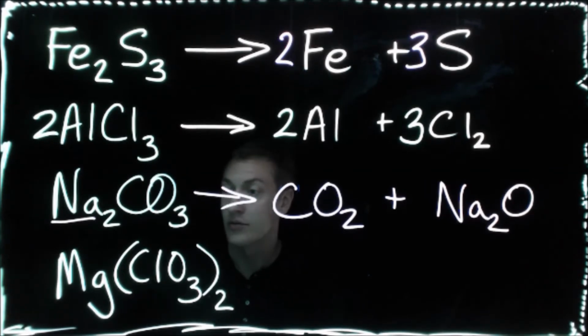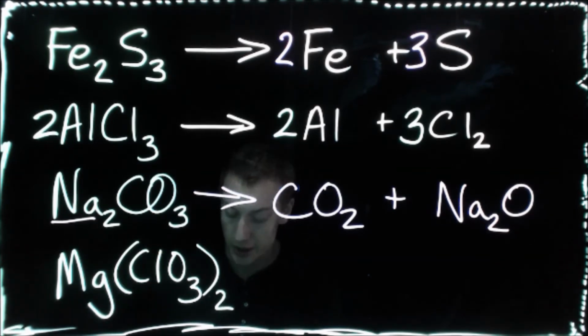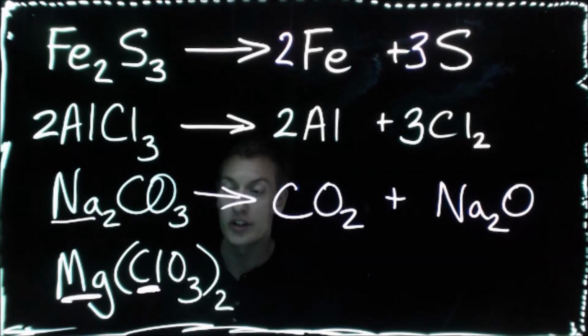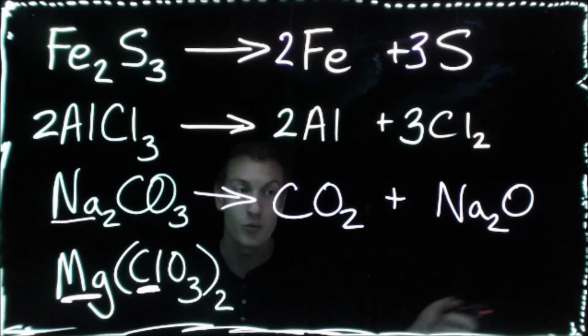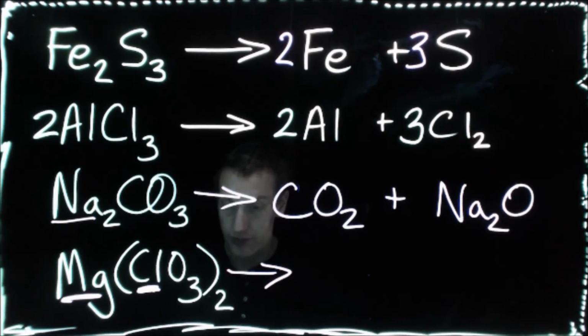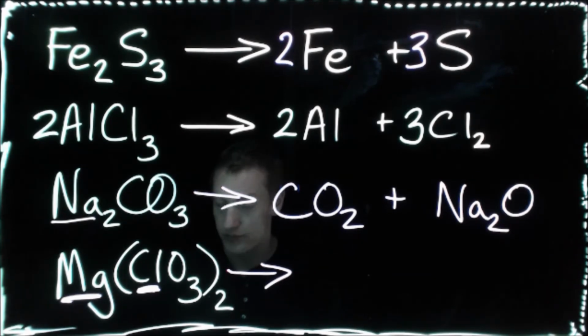And lastly, we have magnesium chlorate. Chlorate, like carbonate, will decompose into something a little bit special. It'll form a metal chloride, so this metal will go with the chlorines there as an ion, so it'll be chlorides, and oxygen will be liberated. So chlorates break down, they make oxygen and a metallic chloride.